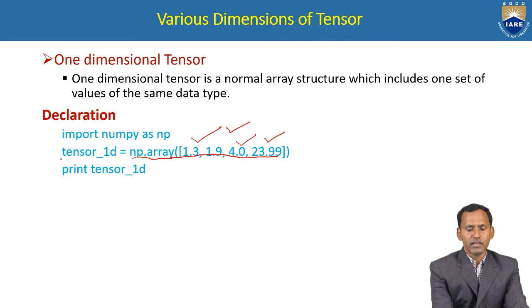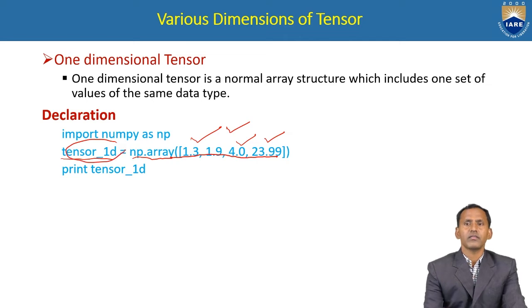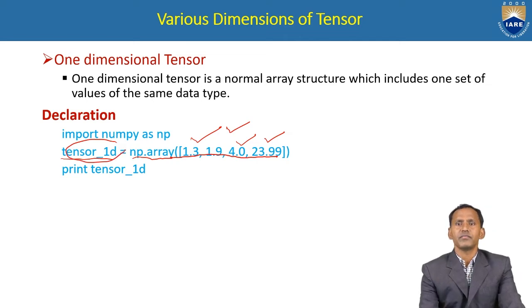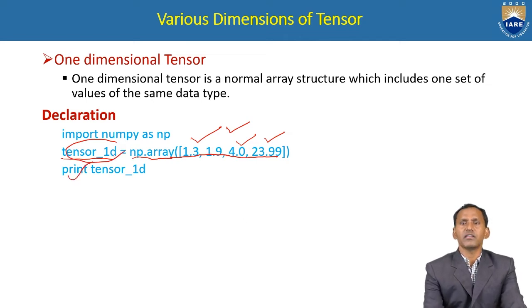So this is the tensor we just created. If you want to print this tensor on the screen, we can use print of tensor ID, where tensor ID is the tensor.